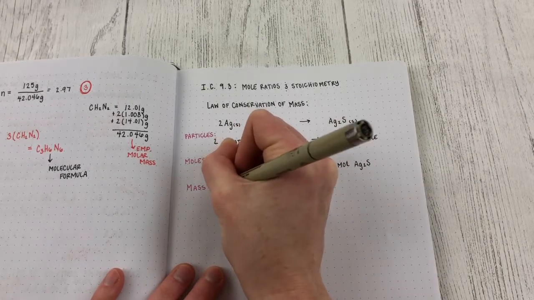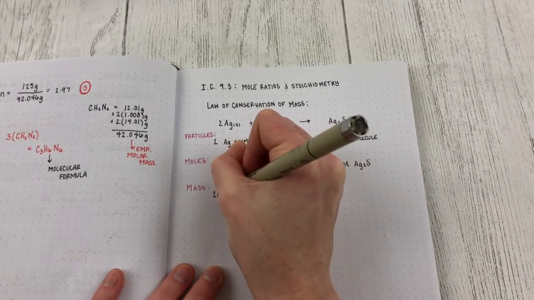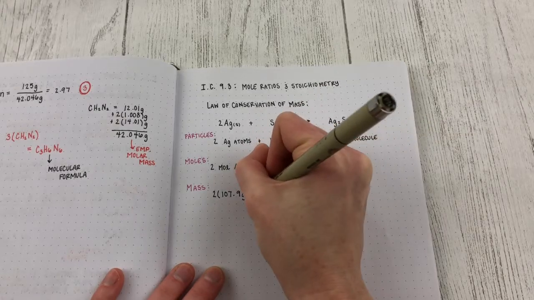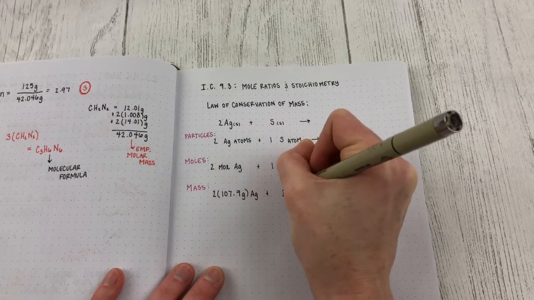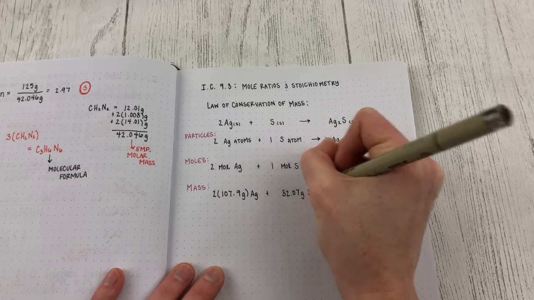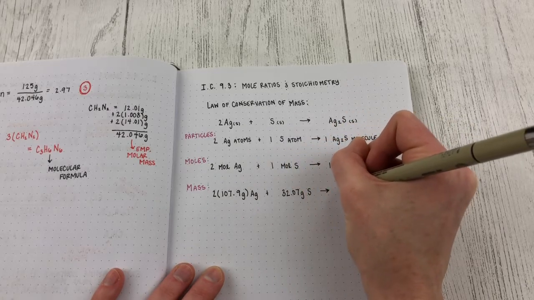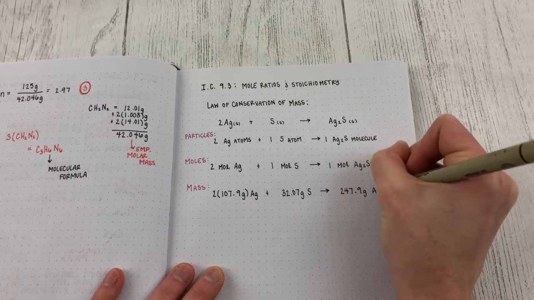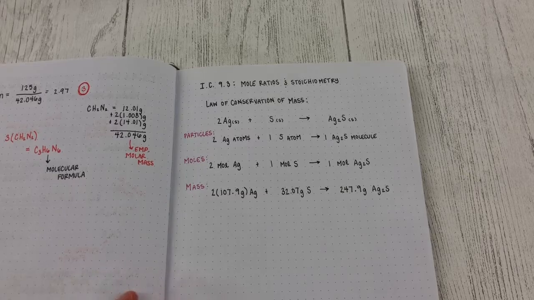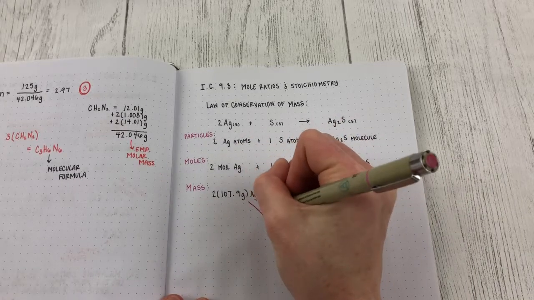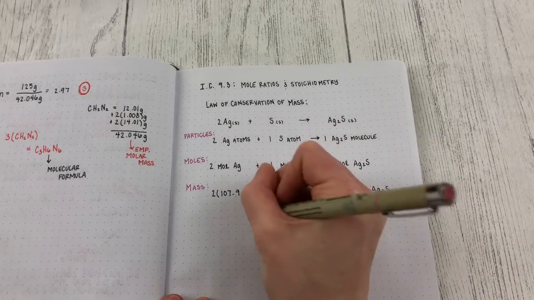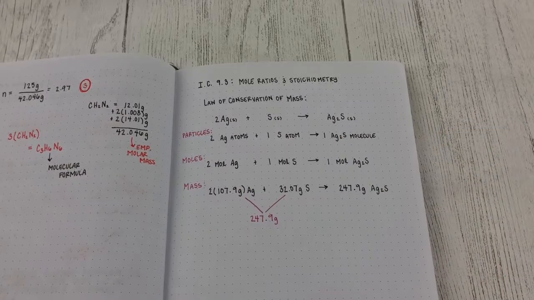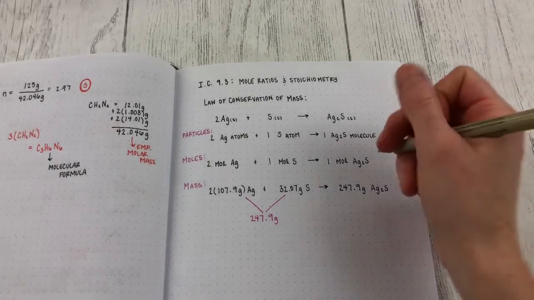And then if we have the molar mass of silver, we would multiply that by 2, so 2 times 107.9, plus the molar mass of sulfur, 32.07 grams of sulfur, and that would yield the molar mass of silver sulfide, 247.9 grams. And if you add the mass of those reactants together, you get the mass of the product. So a balanced chemical equation really tells us a lot about what's going on within that equation.